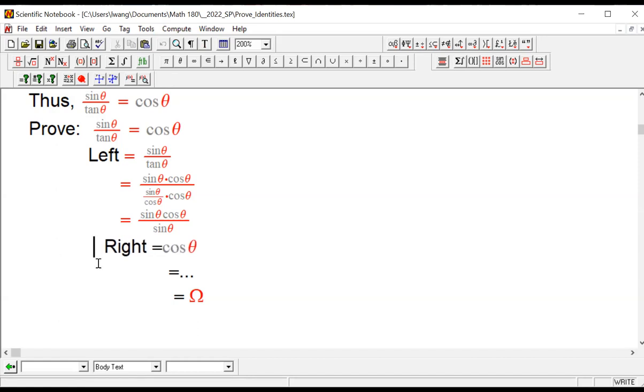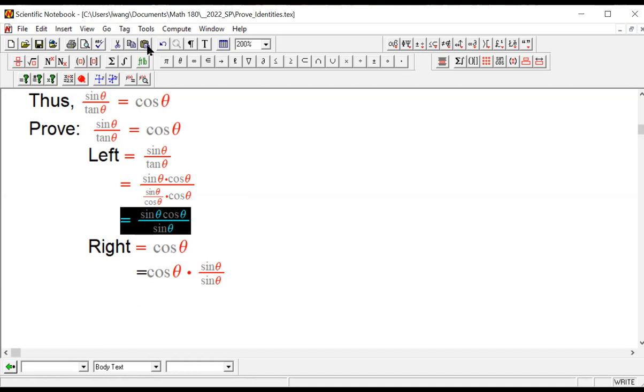So I'm going to multiply this cosine theta by sine theta over sine theta. I'm multiplying by 1 again. And where do we end up? We end up at the same place. Numerator times numerator, cosine theta times sine theta is sine theta times cosine theta divided by sine theta. So we ended up at the third place, the place of omega.